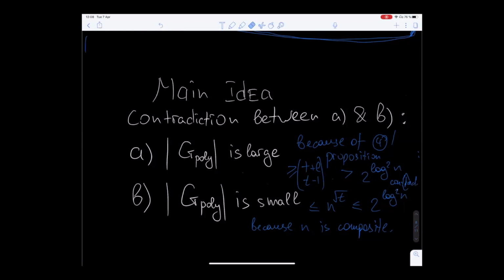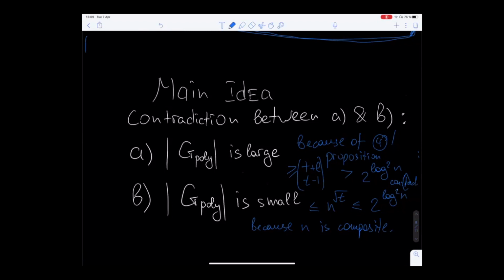So it should be clear that as t grows, this binomial coefficient grows much faster than n to the square root of t.